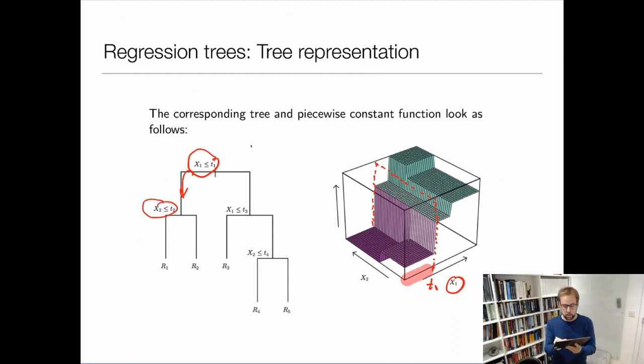Is x2 less than t2? So here, this would be t2, and now I'm basically saying if it's less than t2, then I will get this region R1, which would be exactly here. If it's above t2, I will get R2, which would be that region.